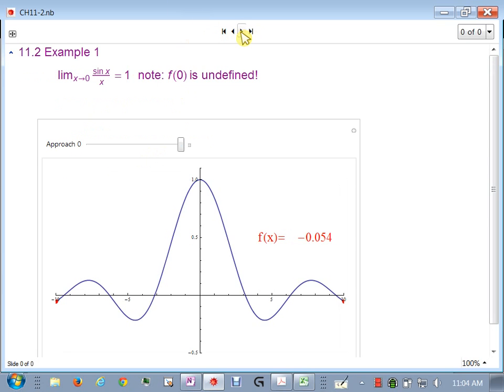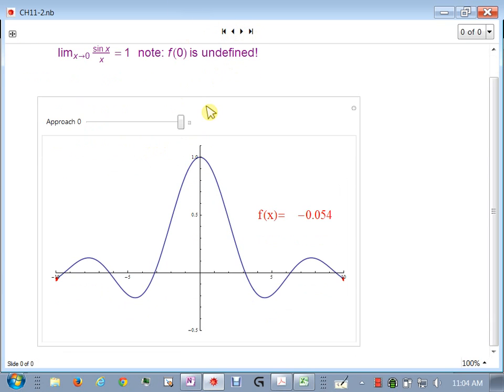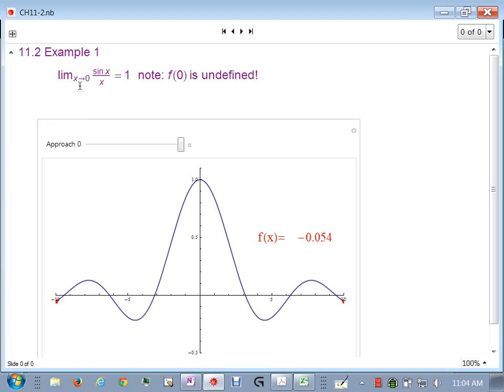Let me see if I have a picture here. Yes, I do. All right, so here we have a function. The function here would be f of x equals sine x over x. If I say what's f of 0, you try and plug 0 in, you get 0 divided by 0. That's undefined. So we would say that this function has a hole. When you try and go to 0 and plug in, there's a hole. But from the graph of the function, you can tell that as we get closer to 0, the graph is headed up towards something, right?